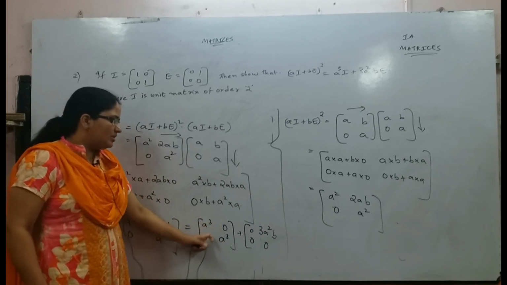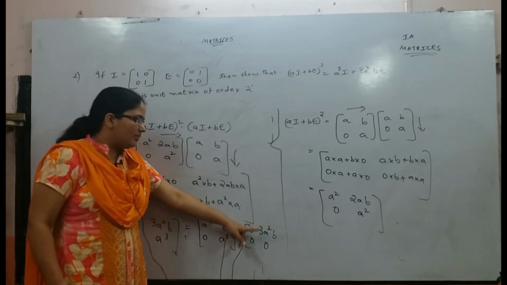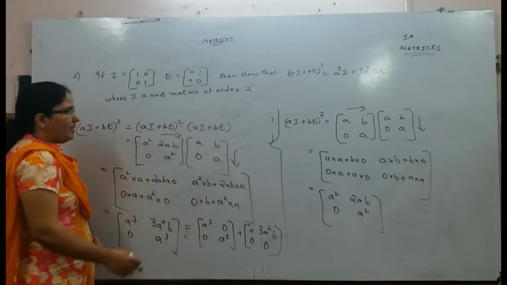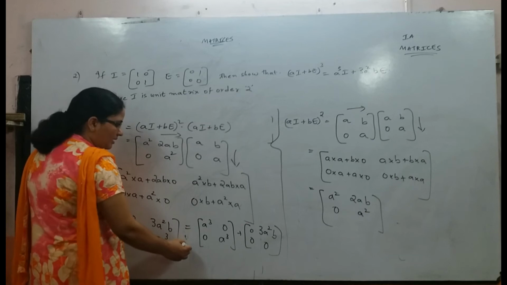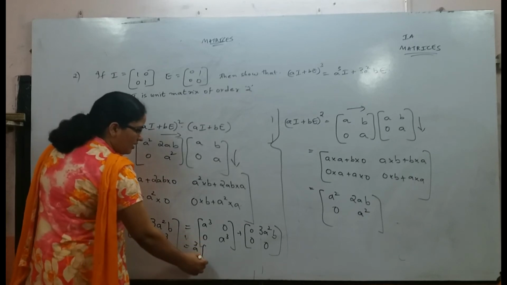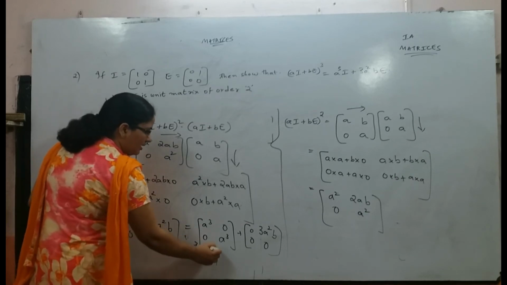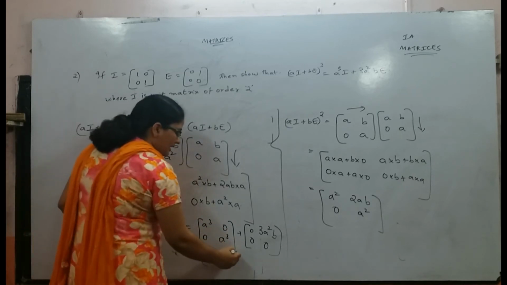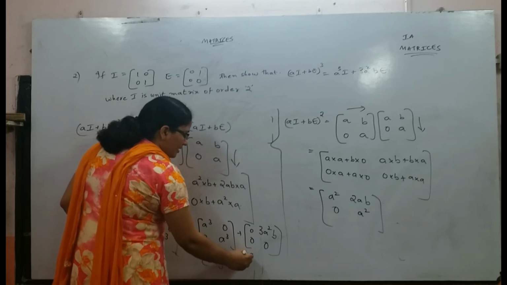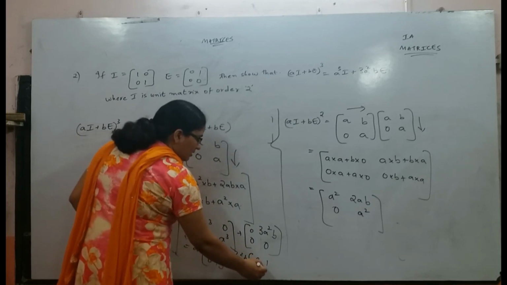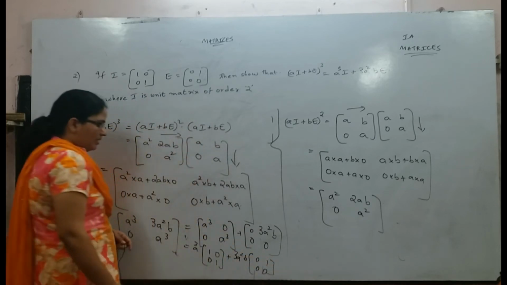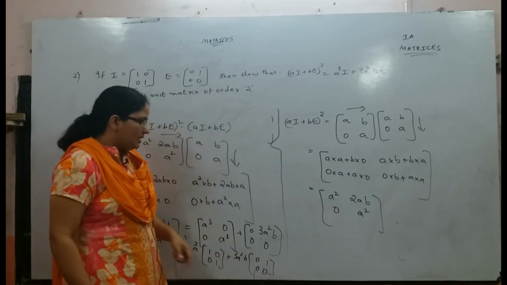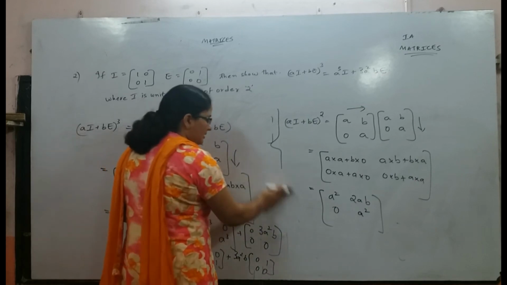Now take A cube common here. What do you have? 1 0 0 1. Take 3A square B out. What do you have? 0 1 0 0. Now 1 0 0 1 is I, 0 1 0 0 is E. So this can be written like this.